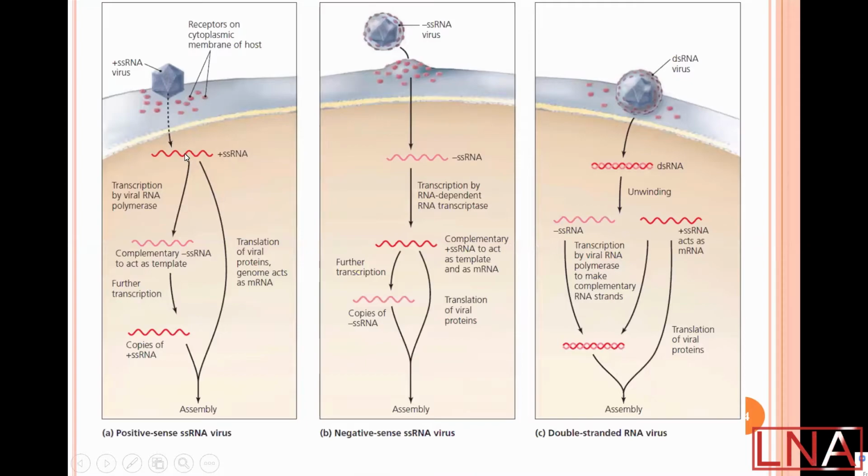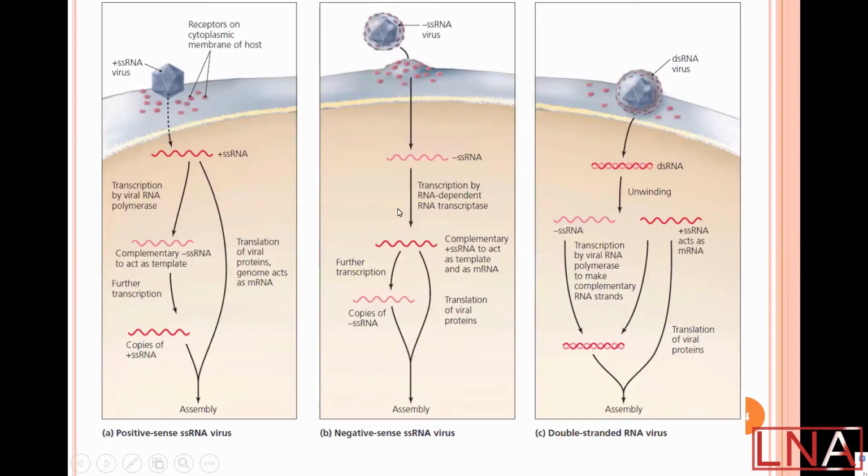The single-strand RNA is directly used as a template for protein synthesis, and it's used as an mRNA. So another strand, or the same strand after division, can be transcribed by the viral RNA polymerase into complementary negative sense RNA, to act as a template to make copies of positive single-strand RNA. After that, all components will assemble.